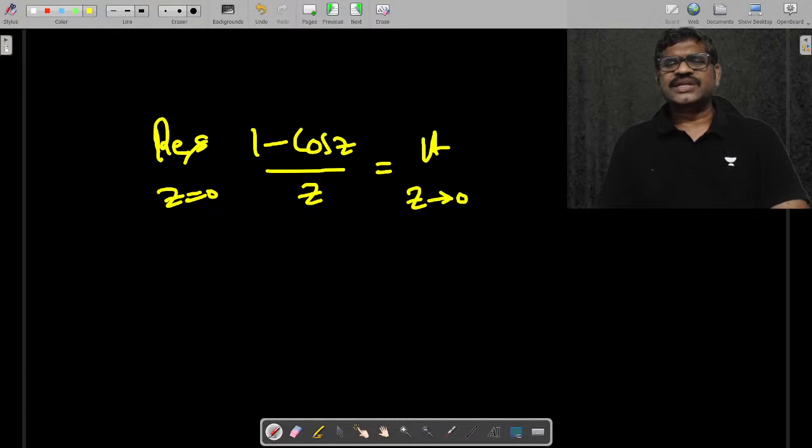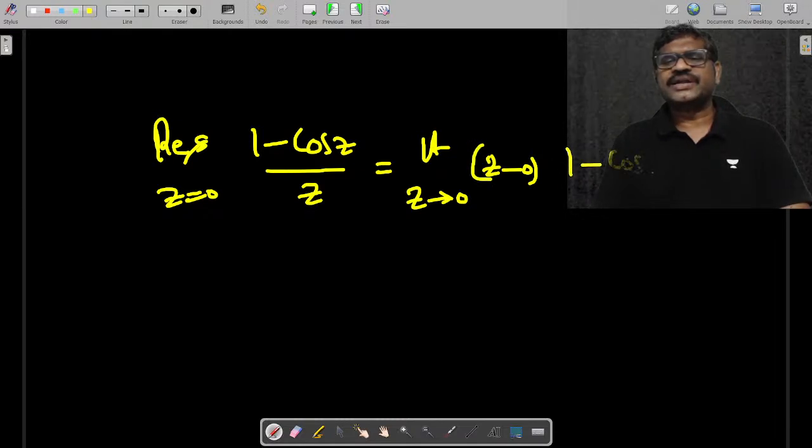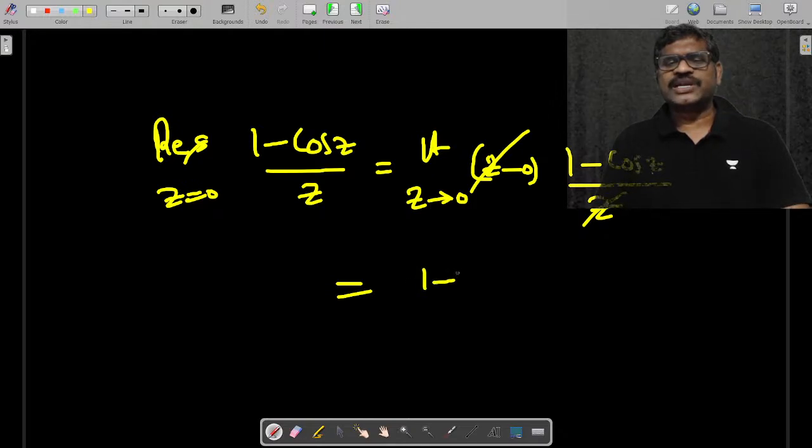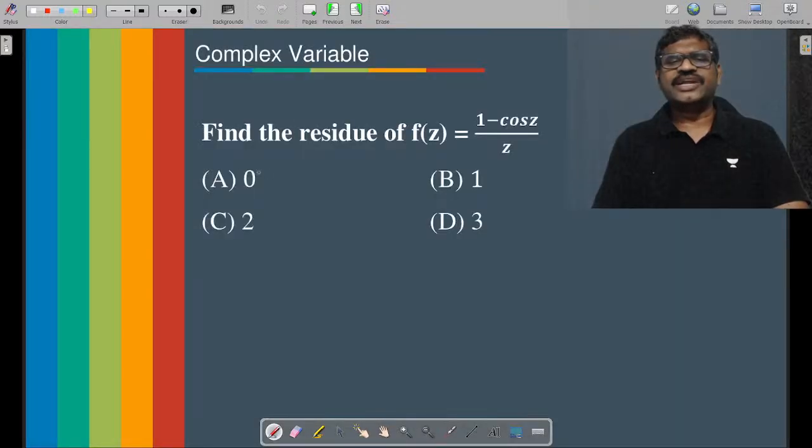Here when z equal to 0, numerator is 0, denominator is also 0. That's why z minus 0 into function of z, 1 minus cos z by z, z cancel, limit z tends to 0, 1 minus cos 0, 1 minus 1, that is 0. Residue of f of z at z equal to 0 is 0. So 0 is the answer.